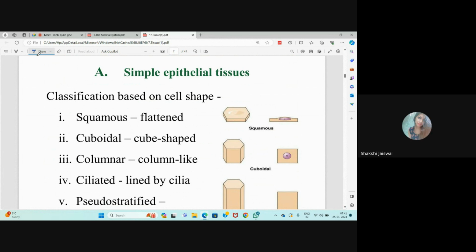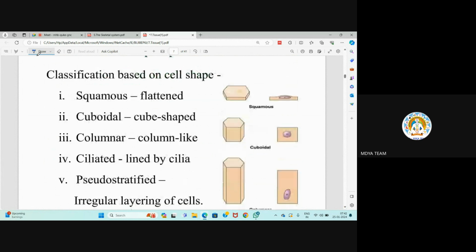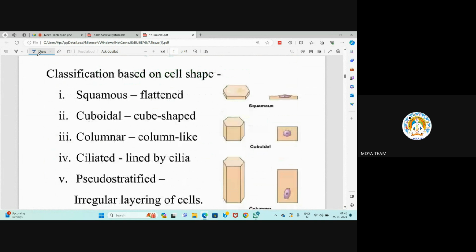So, classification based on cell shape. In simple epithelium tissue, we will have the classifications. We have discussed in flowchart 2 that squamous epithelium means it is flattened.